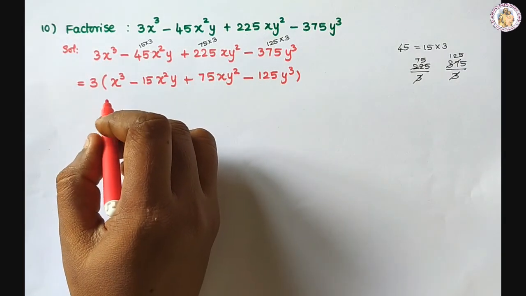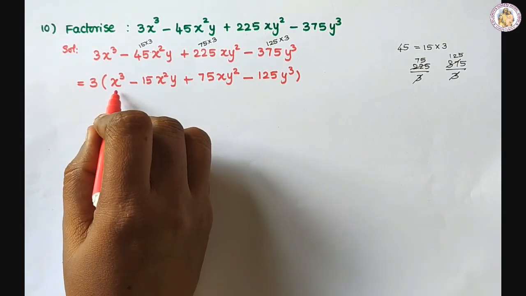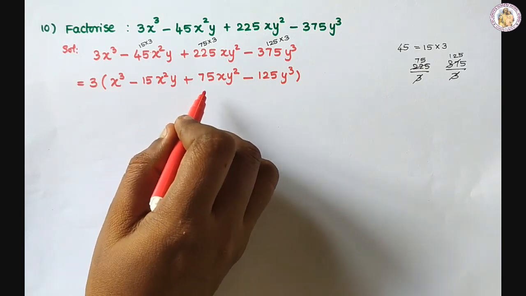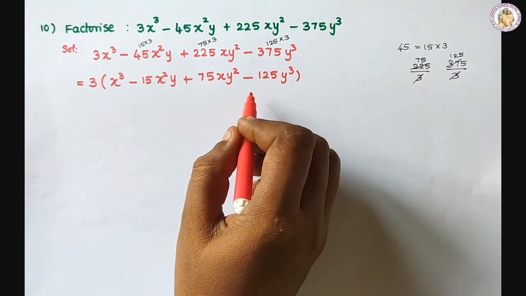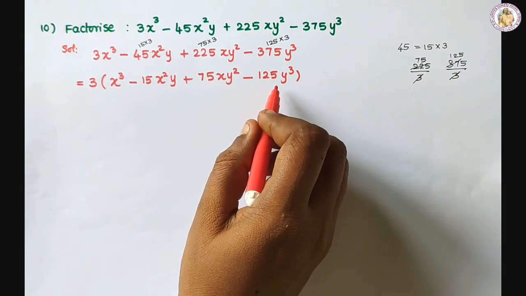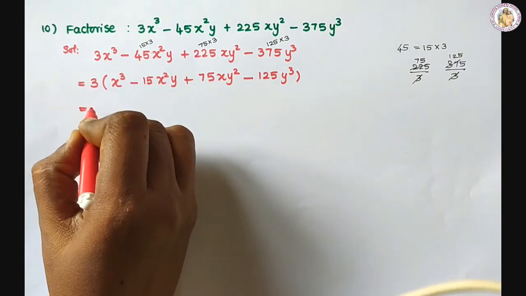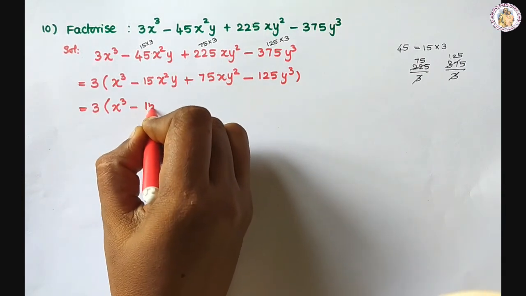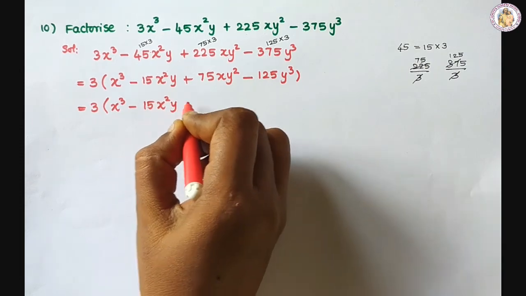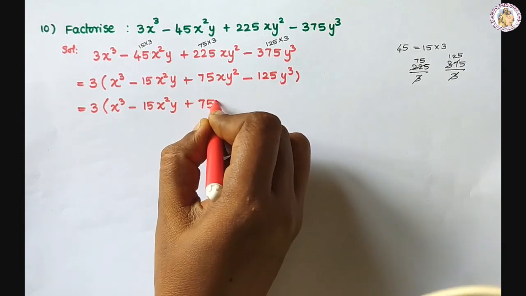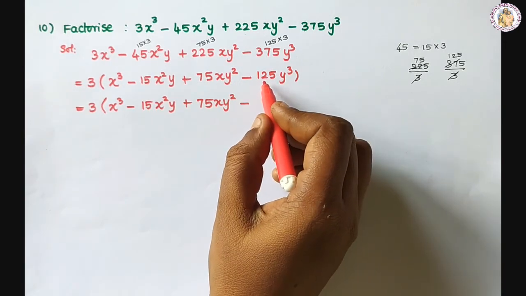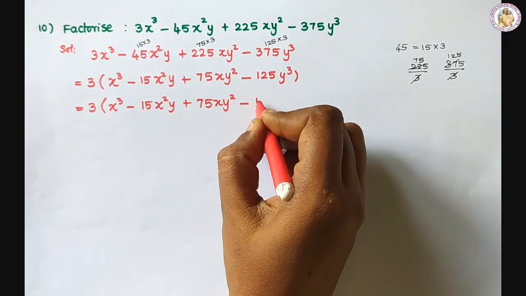Listen here. x cube minus 15 x squared y plus 75 x y squared minus 125 y cube. 125 can be written as 5 cube.